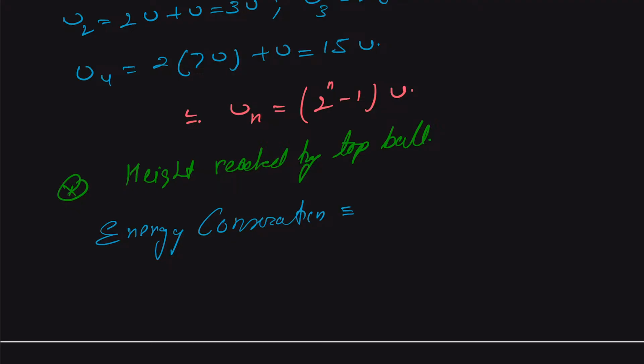And this energy conservation gives us half m_n v_n squared is equal to m_n g (h minus L).